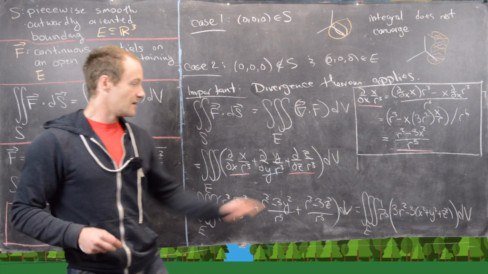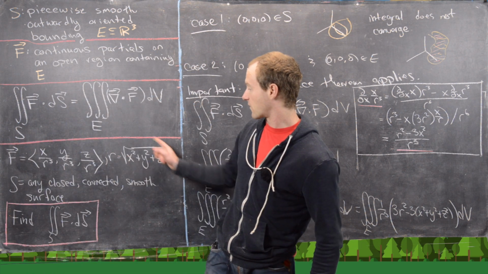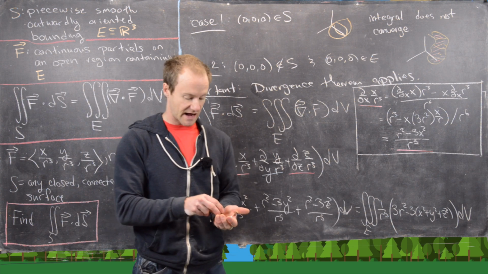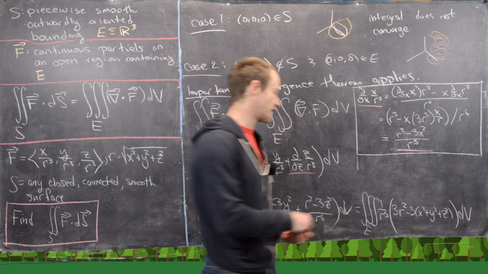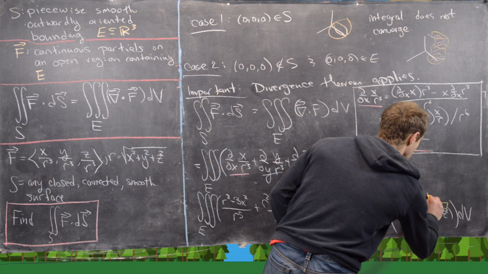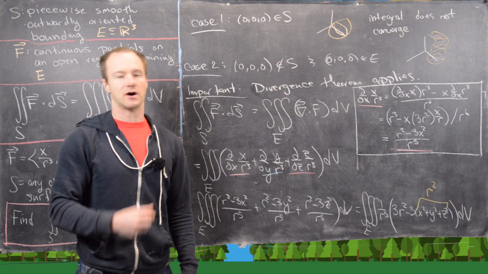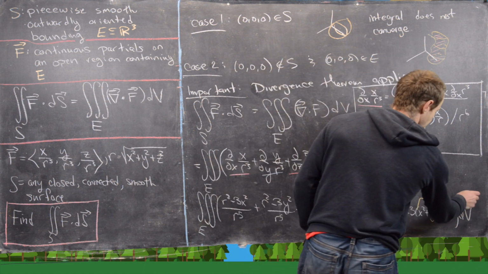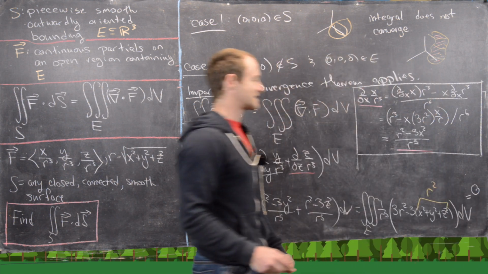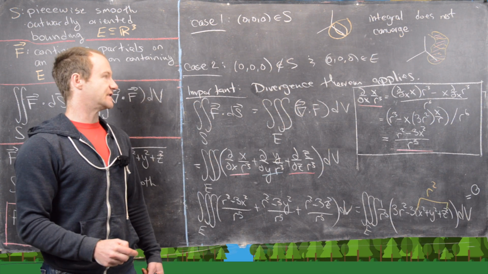But by our formula for r, it's pretty easy to see that x squared plus y squared plus z squared is actually equal to r squared. So we have 3r squared minus 3r squared. In other words, we're integrating 0, and so that's going to give us a value of 0.